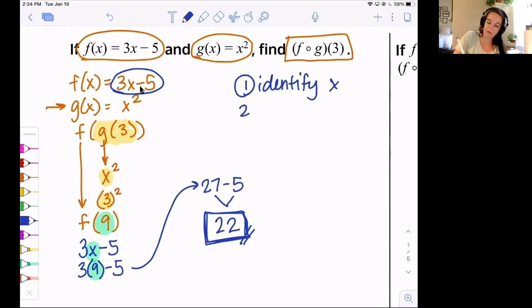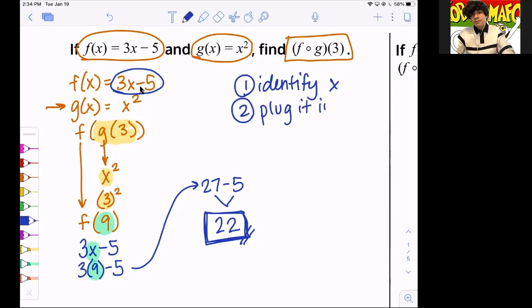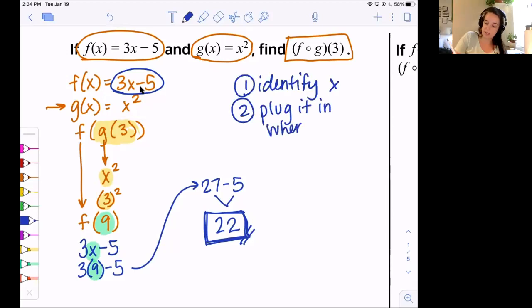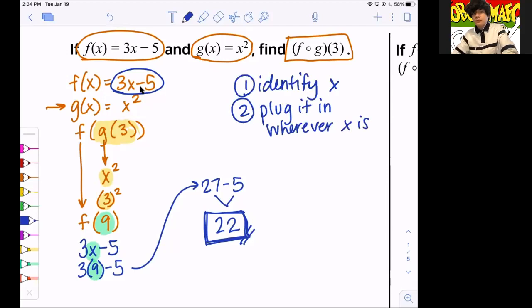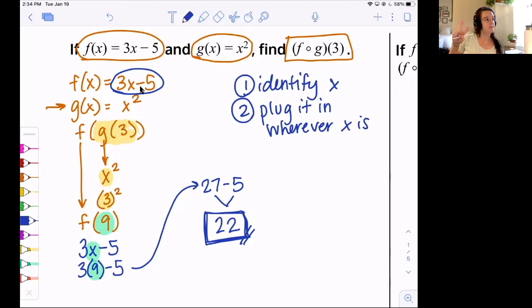Identify x. Yeah. How do I know what to plug it in? Wherever x is. Plug it in wherever x is. Cool. And I have to do that like 2 times, right, Gary? Are you saying yes? I didn't see you.